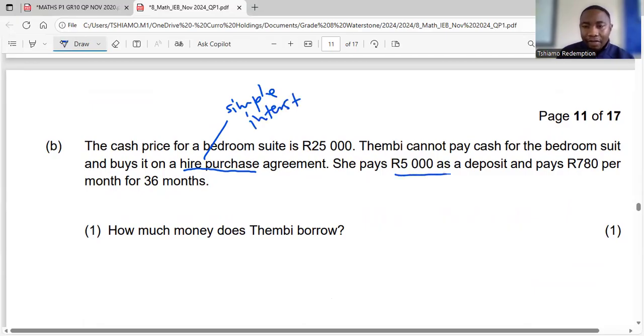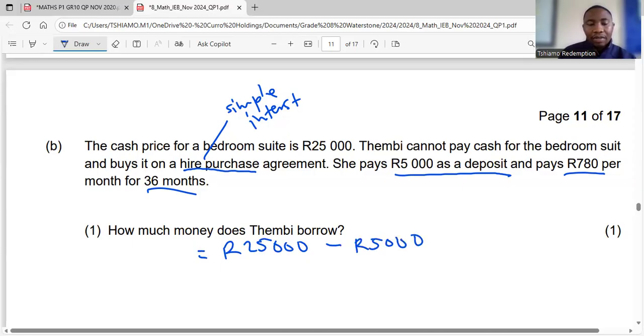She pays 5,000 as a deposit and pays 780 per month for 36 months. So how much money does Tembi borrow? So this thing costs 25,000. She pays a deposit of 5,000. So what is left? What is the balance? Balance is 20,000. So this is how much she needs if she were to settle it cash.